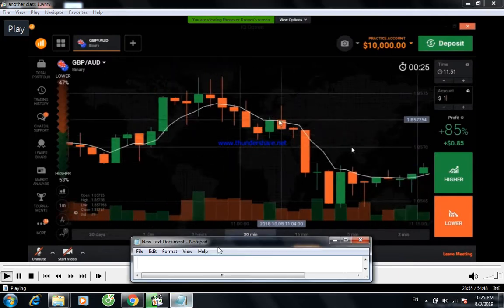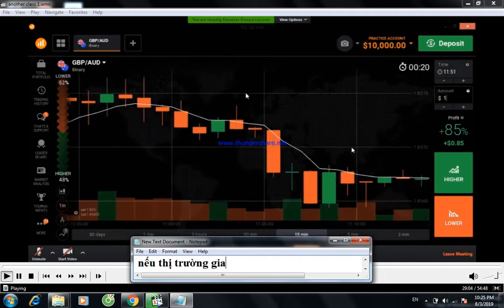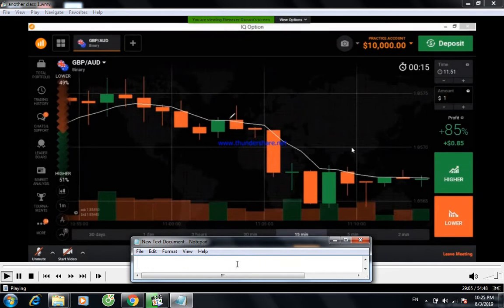Okay, don't trade after this candle with a call option. If you know this point and you don't trade after this candle, there is no chance to lose your trade. It will reverse.